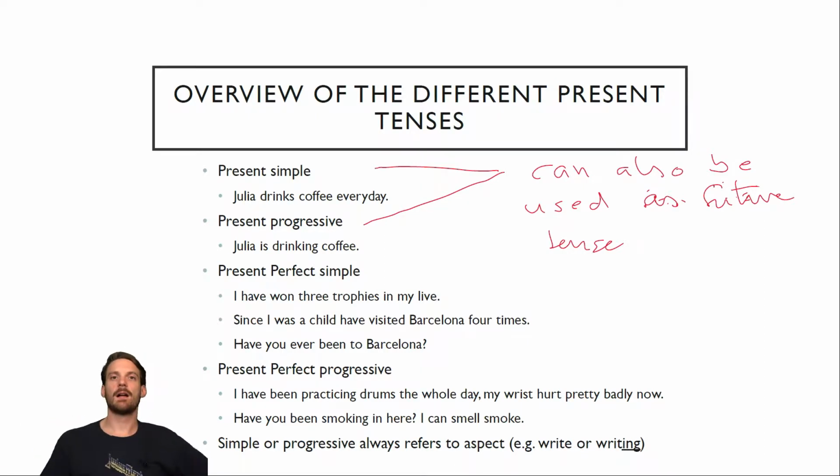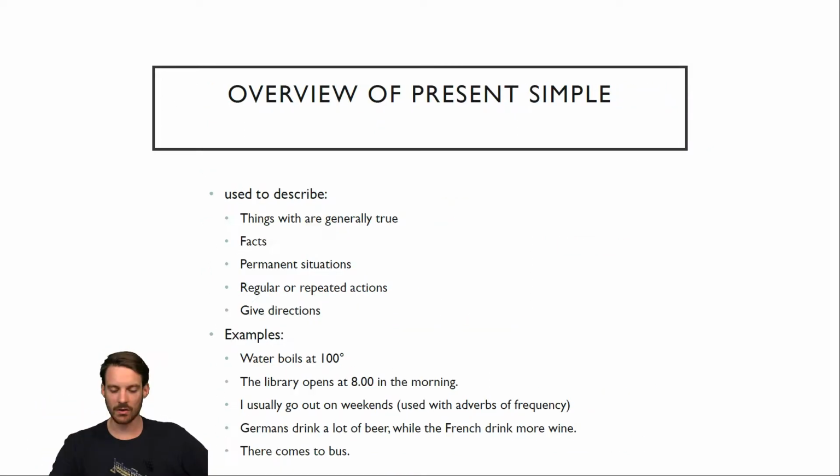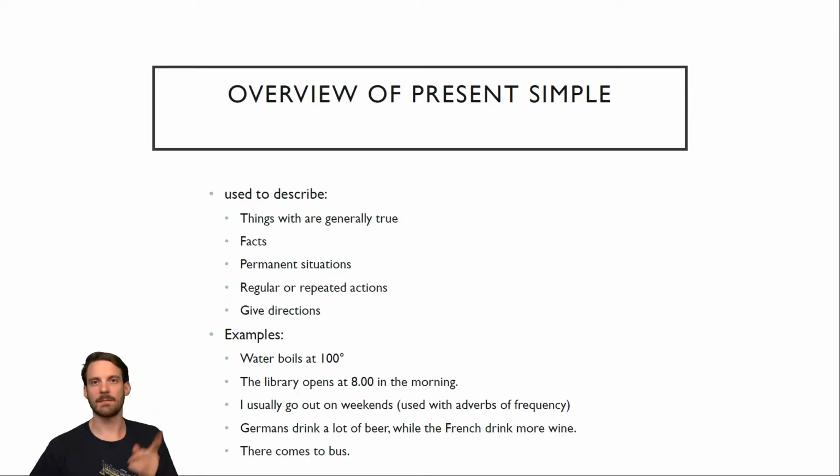But first we're gonna have a look at the present simple. And we're gonna also have a look at the future tense in combination with present simple. But at first we're gonna start off with the present simple.